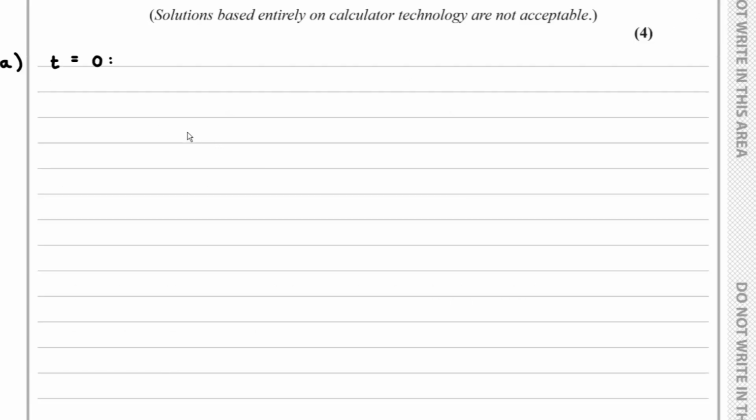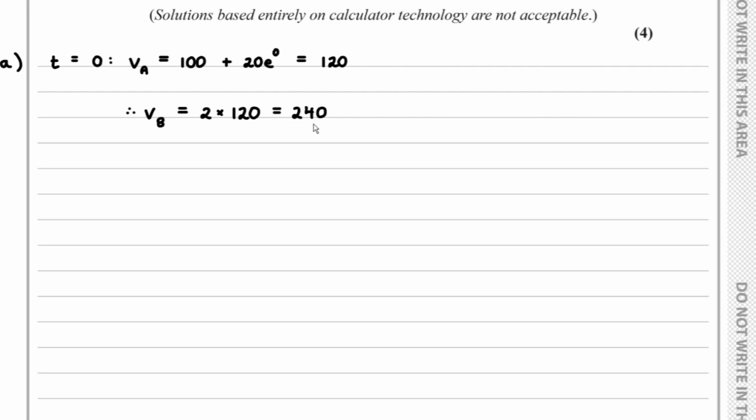When t equals 0, VA is equal to 100 plus 20 e to the 0. 20 e to the 0 is just 20, and adding this to 100, we get 120. So VA is 120 when t is 0. So therefore, knowing that VB is twice VA when t is 0, VB is equal to 2 times by 120, which is 240.